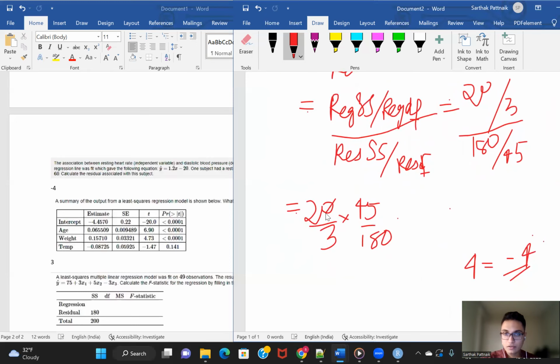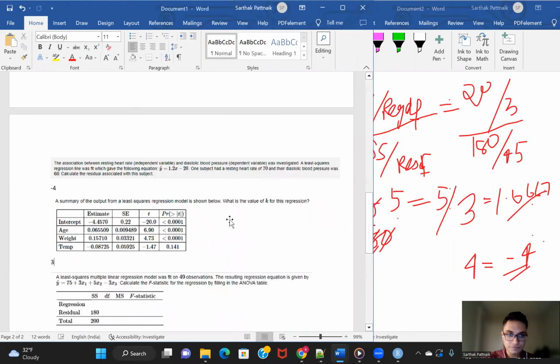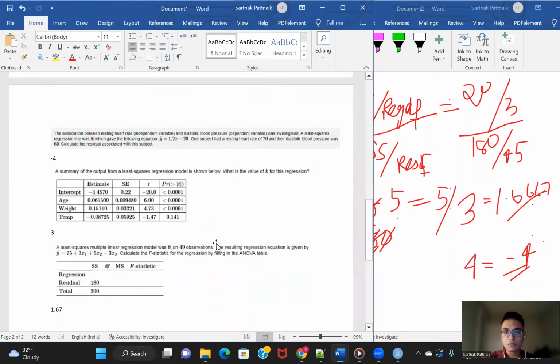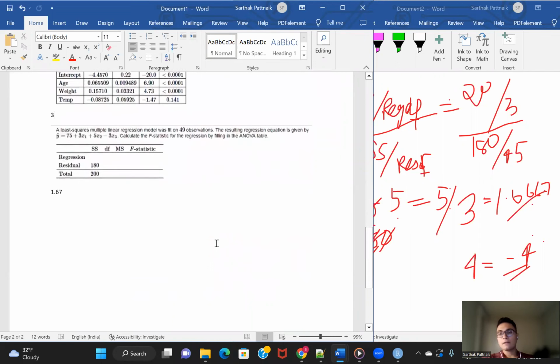Upon 45 by 180. So you get 9 here. So this comes out to be 5 upon 3, which is equal to, if you do the math, 1.6667. This is my answer. Yep, around 1.67. This is my answer.